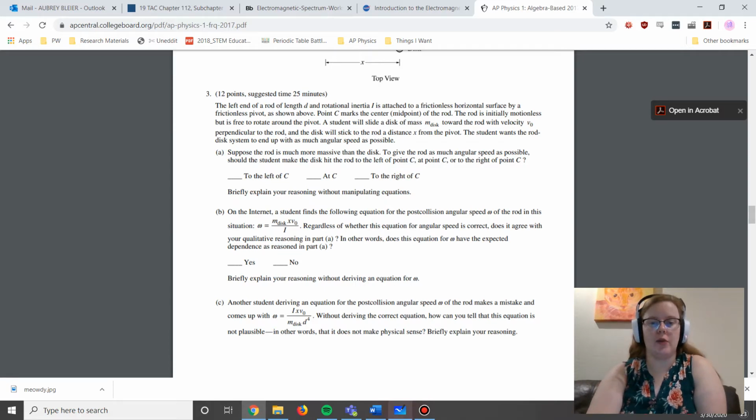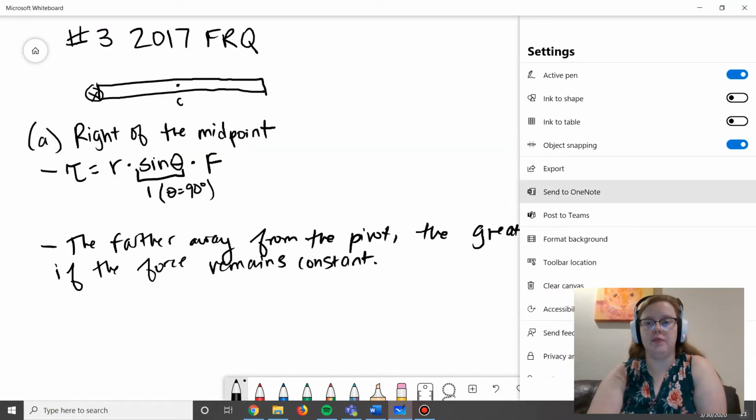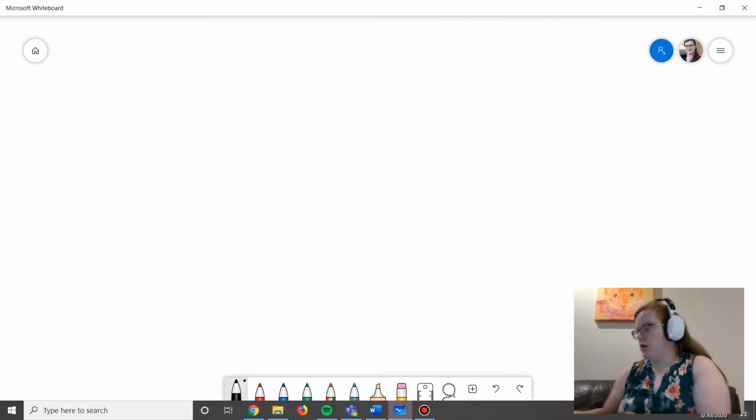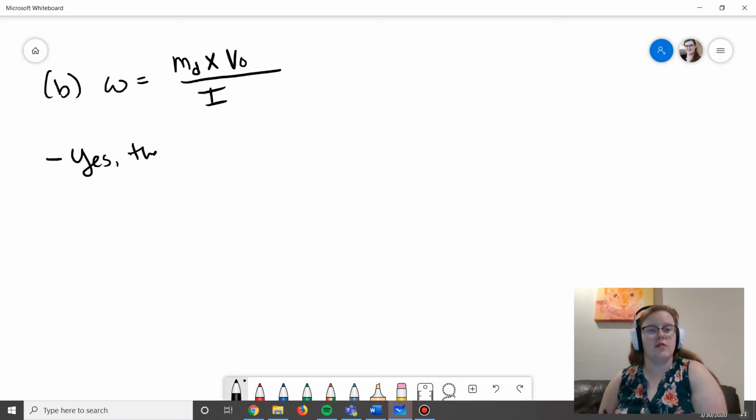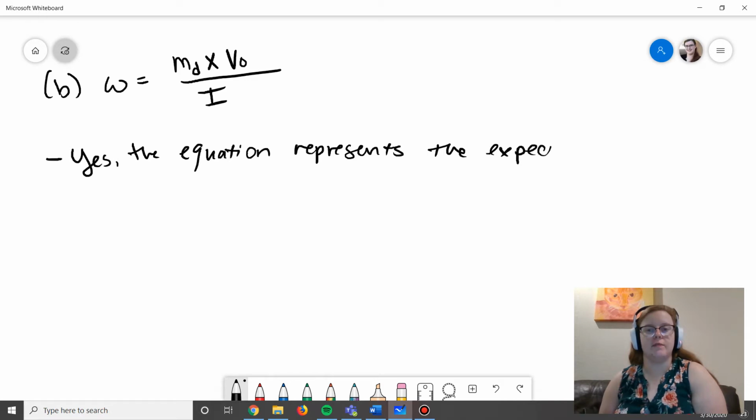So let's go back over here and let's go ahead and write that equation. For part B, we know that omega is equal to the mass of the disk times x times v0 all over I. And the correct answer to this one is that yes, the equation represents the expected dependence.